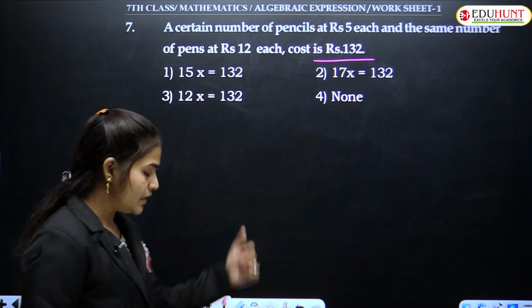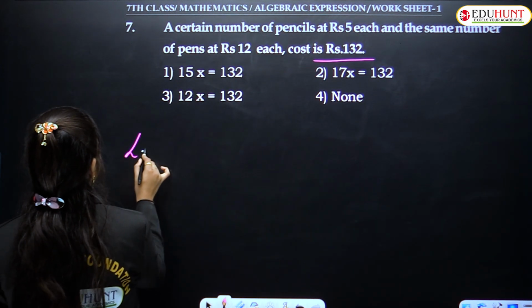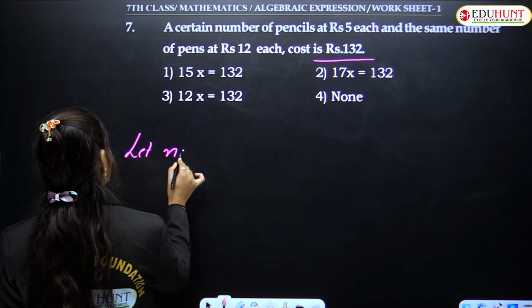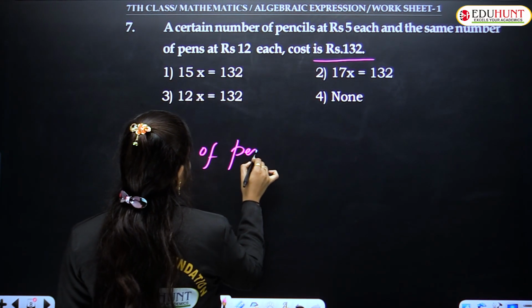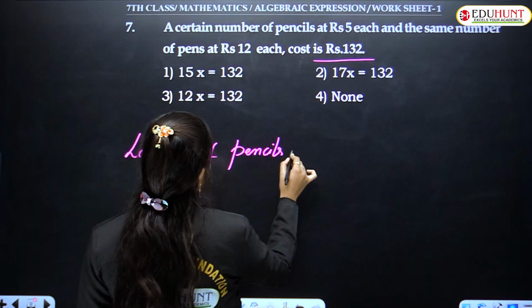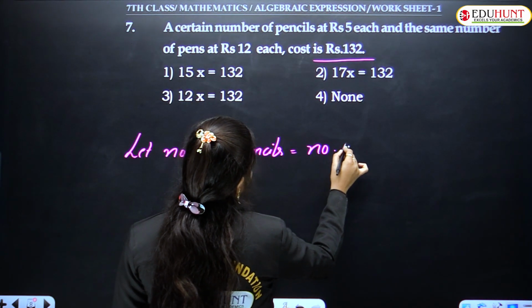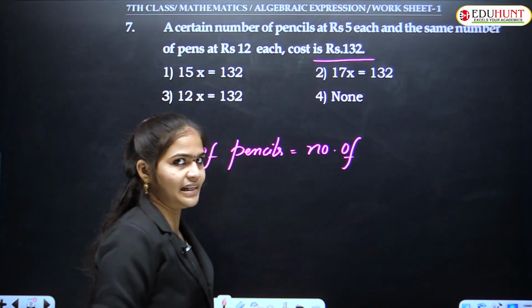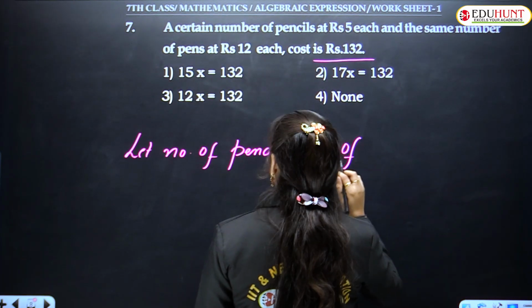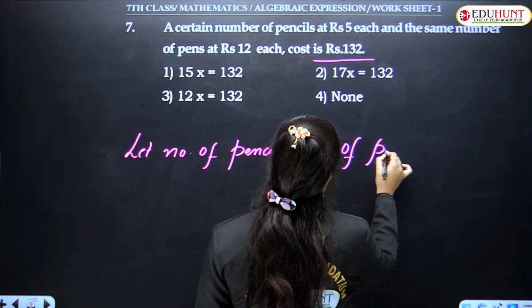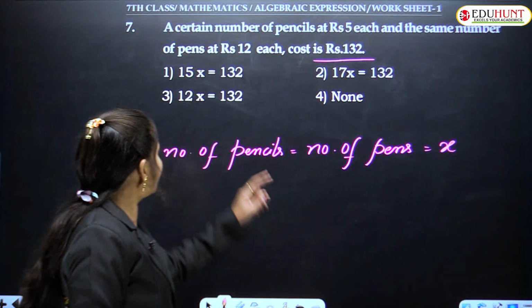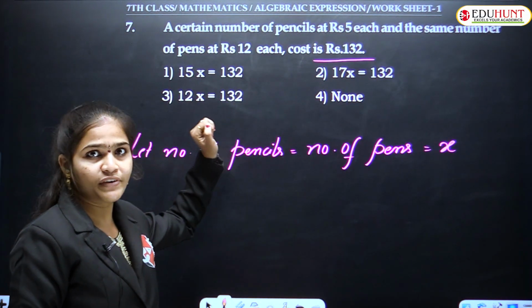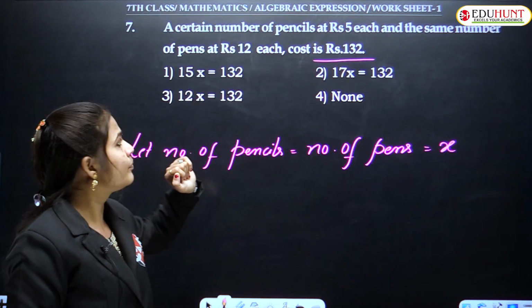Let the number of pencils equal the number of pens equal x, because the options are also given in terms of x.